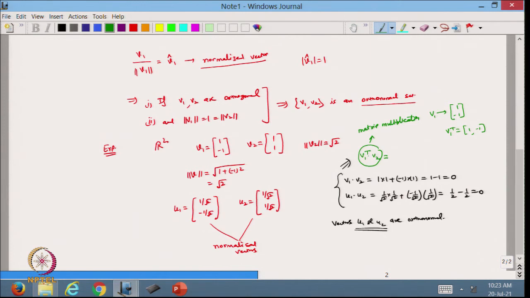V1t is a row vector, 1 minus 1, and V2 is the column vector 1 1. So this is a matrix of 1 cross 2, and this is a matrix 2 cross 1. If I multiply these matrices, it will be 1 minus 1, and that will be 0, because we know that this is orthogonal. So that is the matrix multiplication, and this is a vector dot product, but the things are same.